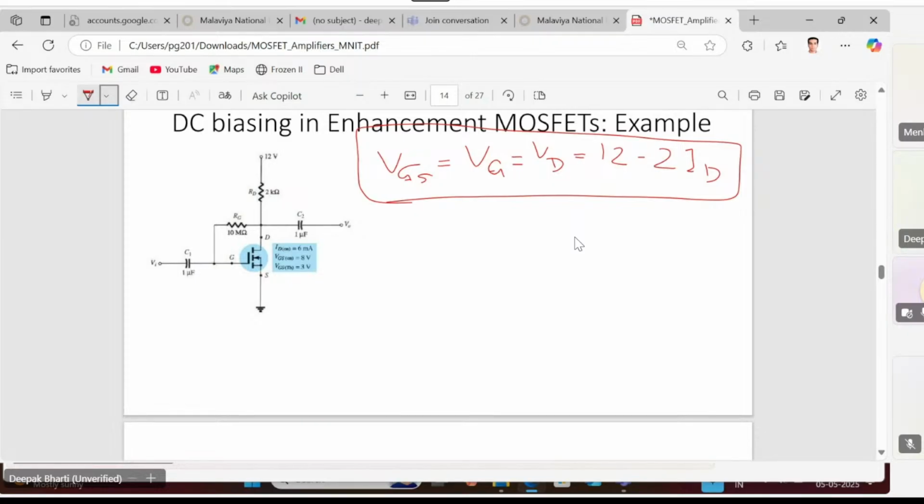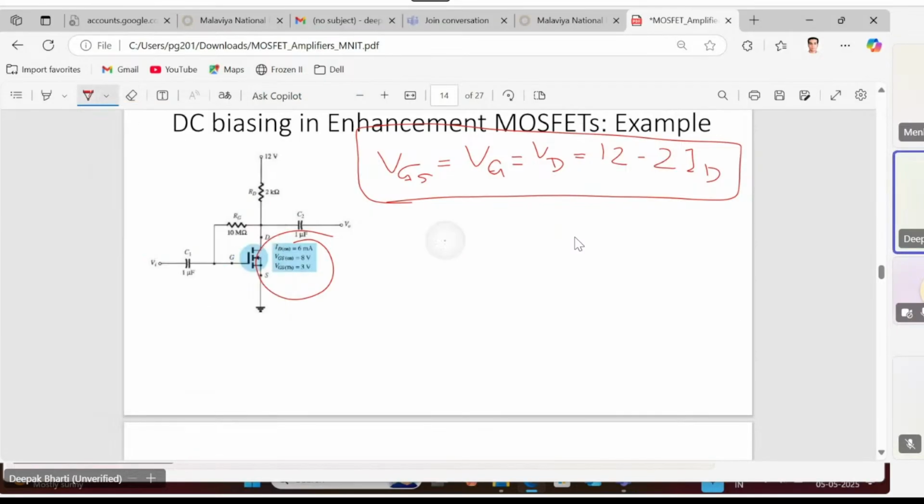And what is the device current equation? ID is equal to K (VGS minus VT) squared. It says in this that ID is 6 milliampere when VGS is 8 volt. So we can determine the K value from here.